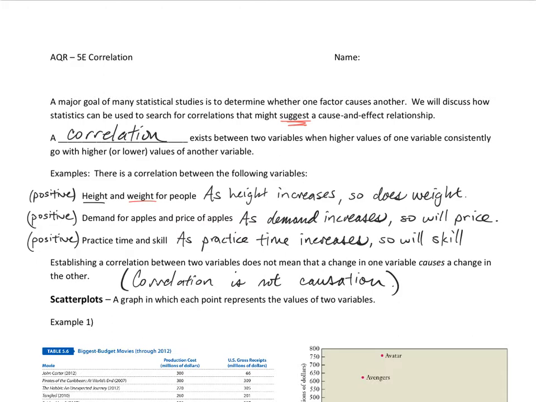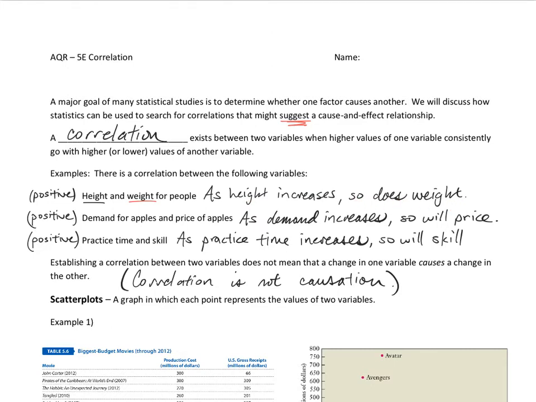It is generally understood that as height increases, so does weight. You can think of a little brother, or a little sister, or a little cousin, or a little niece and nephew. They're all smaller than you as an adult. So we can say that generally, as the height increases, so does the weight.